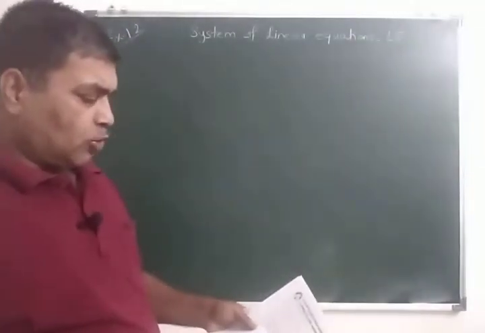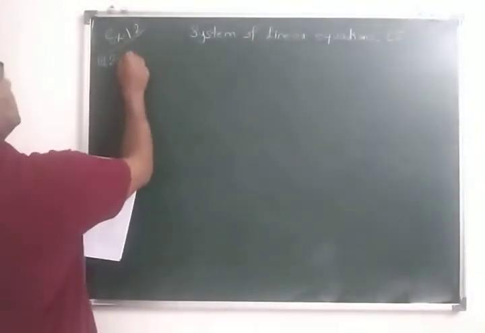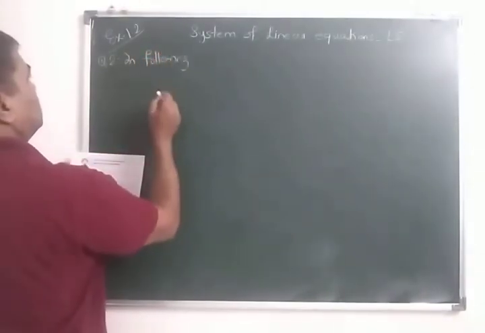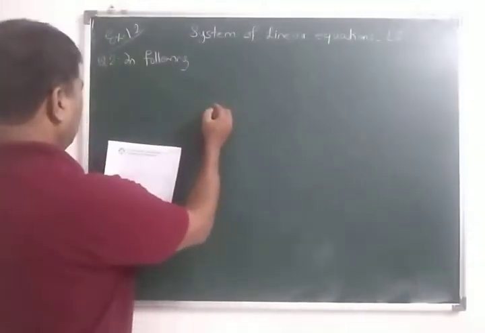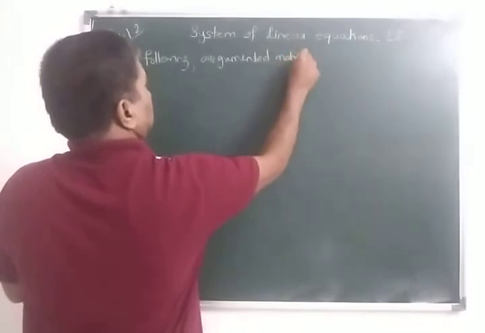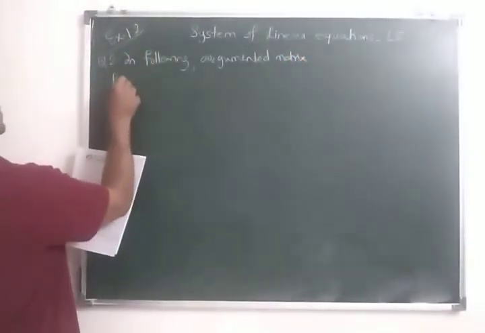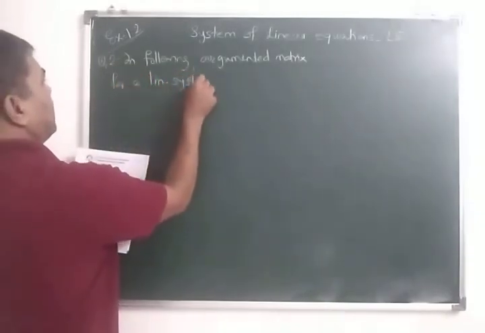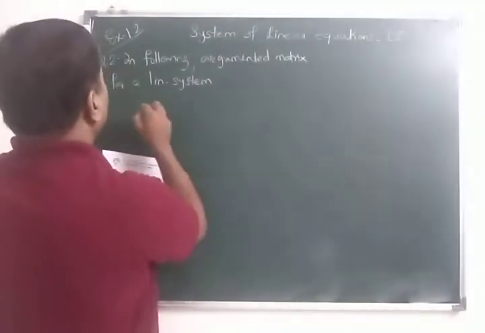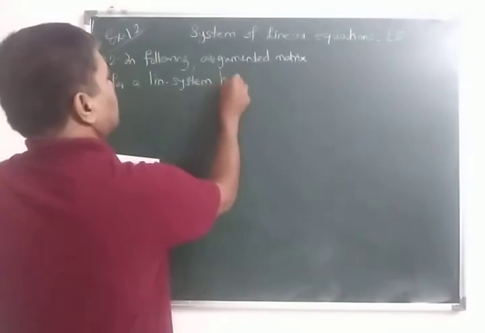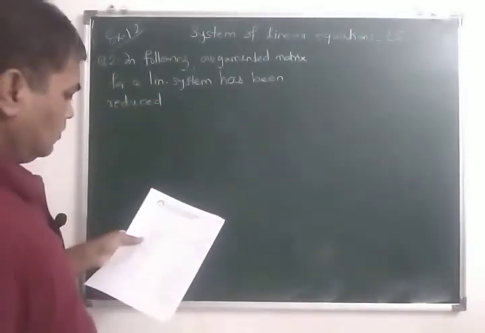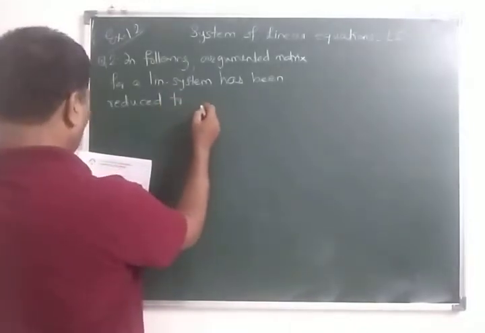In the following exercise, suppose the augmented matrix for a linear system has been reduced to row echelon form.